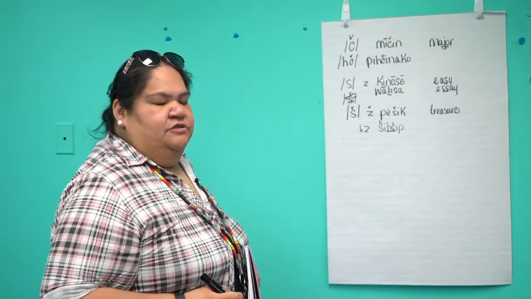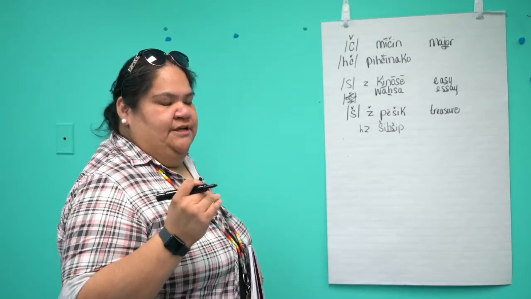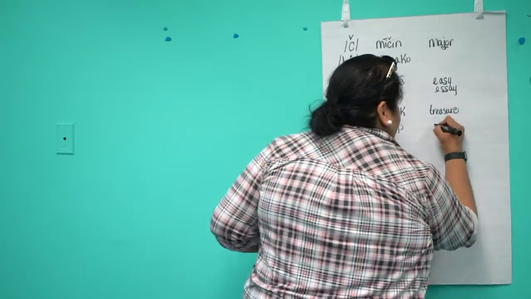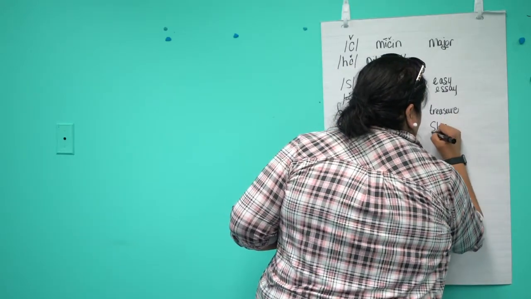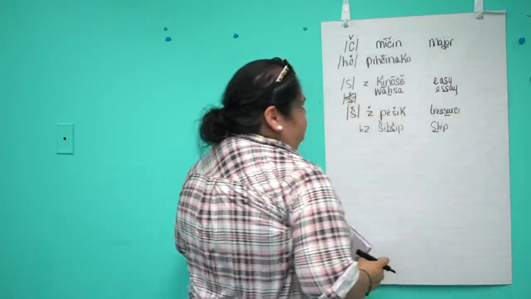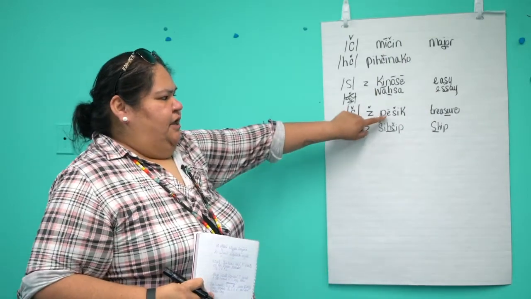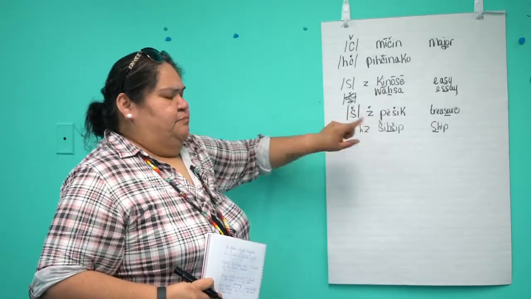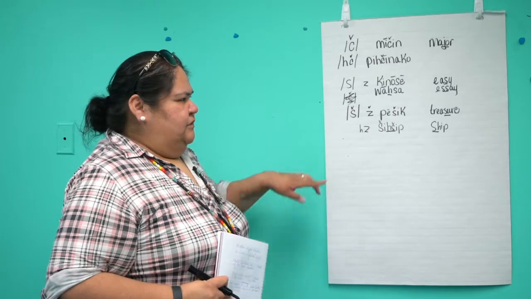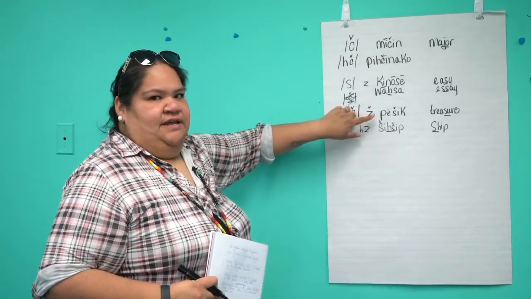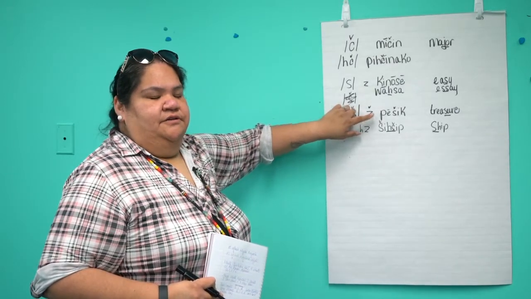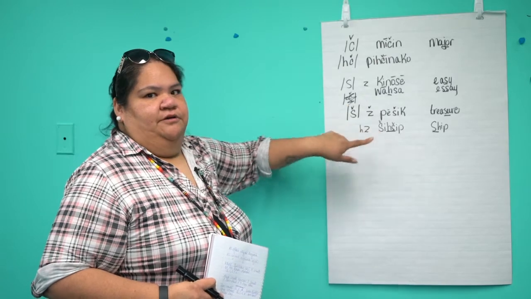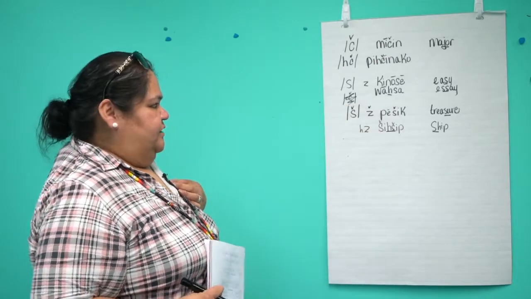Like sh, not a Z sound, sh sound. Ship. Basic, sheep. So this one is kind of more like a Z, basic, sheep. Okay, SH.